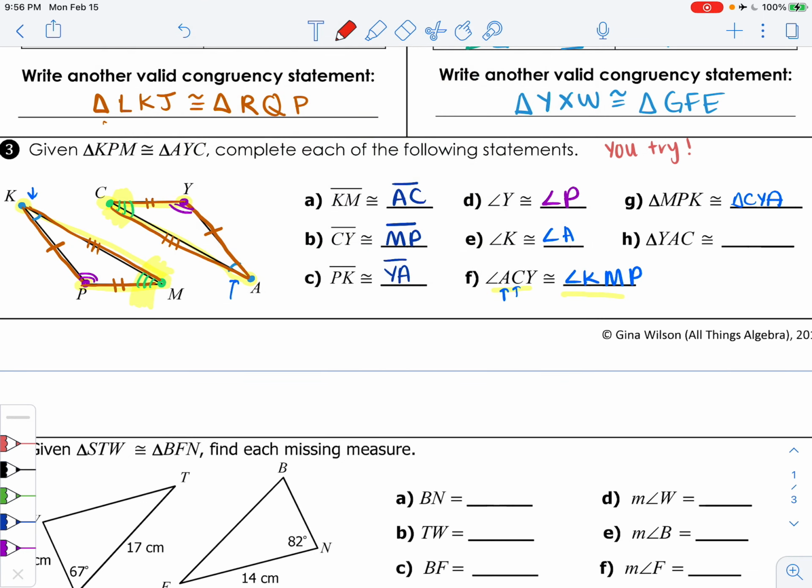So YAC goes from Y, the middle, to A, the first letter, to C, the last letter. So I repeat the same pattern. P, the middle letter, to K, the first letter, to M, the last letter. So I'd say triangle PKM.